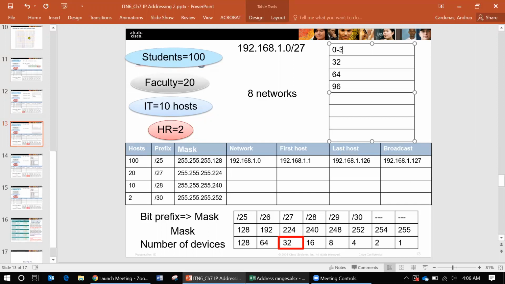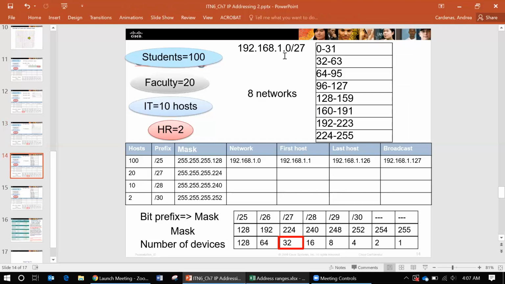So it would be 0 through 31. 64 is the first of the range, so that means that the previous one ended at 63. 96 is the beginning of the next range, so 64 ends at 95, and so on. So here are the ranges completed.